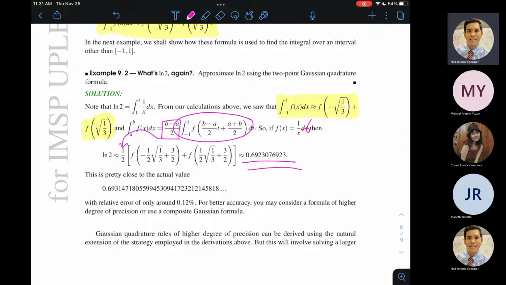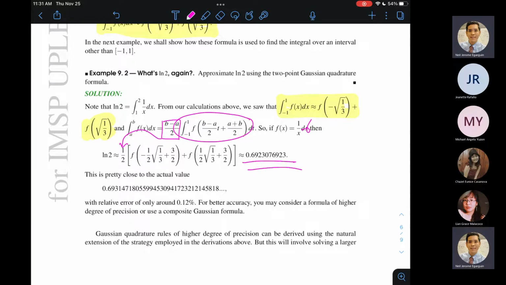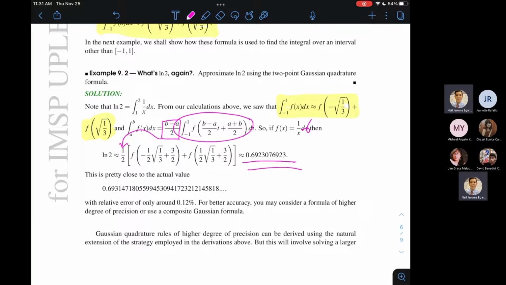Now, meron siyang version na composite rules. Ang ibig sabihin naman nun ay sa bawat dun sa buong integration interval, pwede tayong mag-consider ng mas maliliit na intervals kung saan ipa-perform natin yung simple quadrature rules para makakuha ng better approximation without subjecting the problem to the Runge phenomenon.